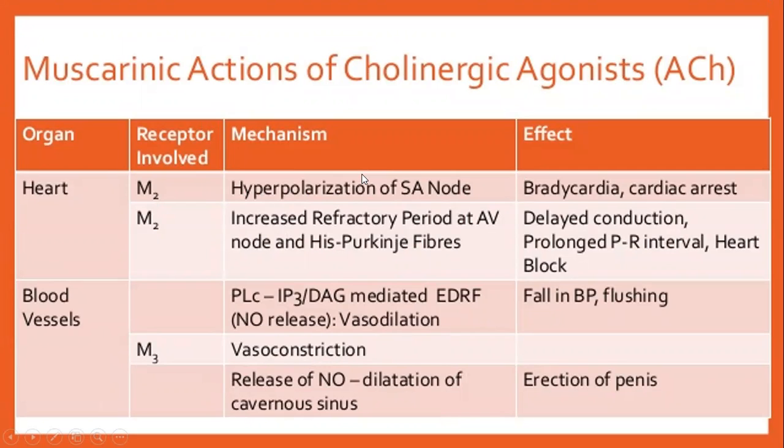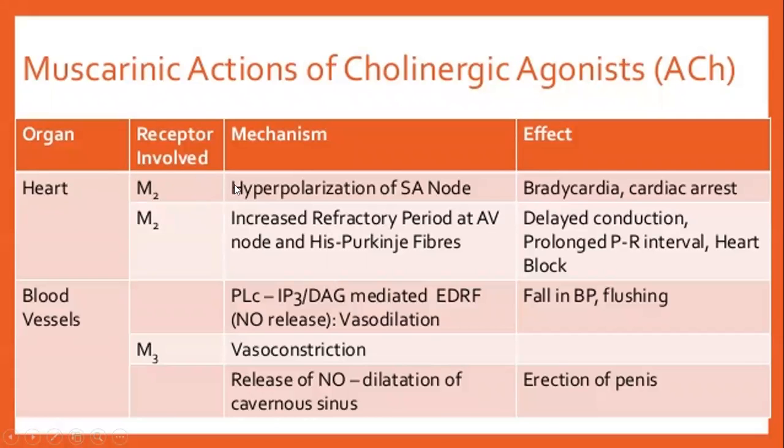So what is the mechanism of action of acetylcholine in the heart? M2 receptors cause hyperpolarization of the SA node. Why? Because after binding with the M2 receptor, acetylcholine inhibits the adenyl cyclase enzyme.